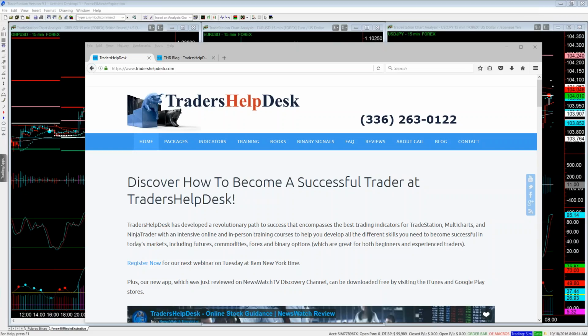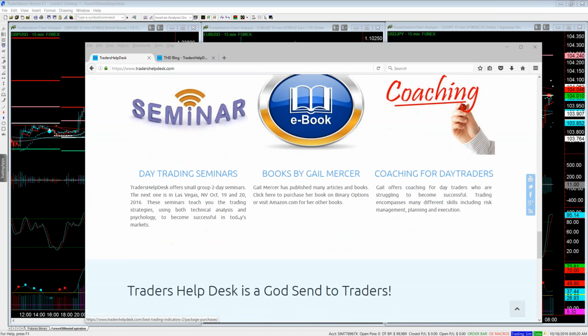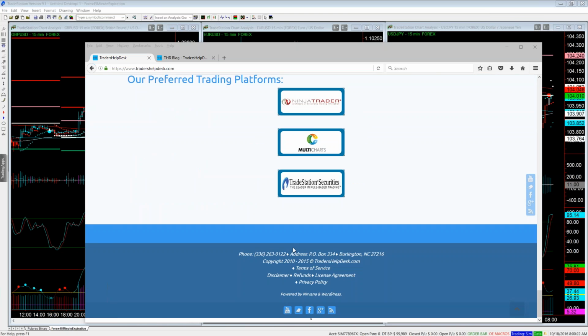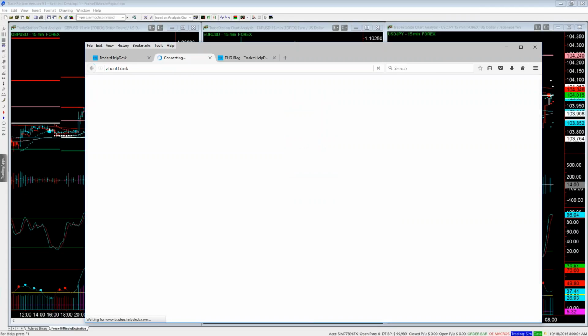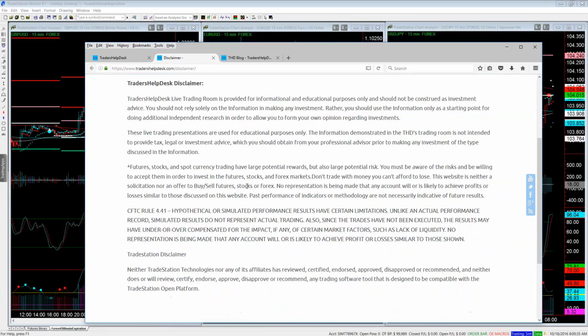Today is Tuesday, October the 18th, and I want to make sure that everyone reads the disclaimer because this is not a trade along with Gail room. It is an educational room, and I treat it like an educational room. The most important thing is trading has large potential rewards, but also has large potential risk.